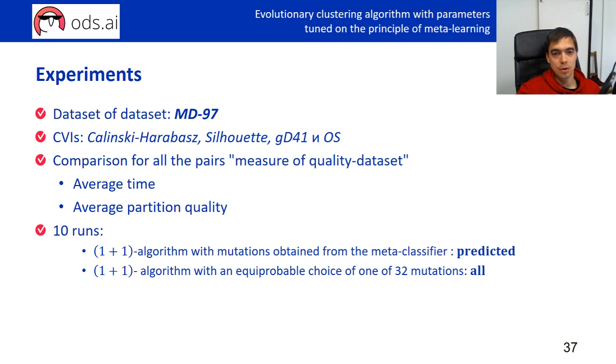And for each configuration pair, quality measure and dataset, we performed 10 runs of the algorithm 1+1 with equiprobable choice from all 32 mutations, and the algorithm 1+1 with mutations from the meta-classifier. The comparison was carried out according to the average time and the average quality of the resulting partitions.